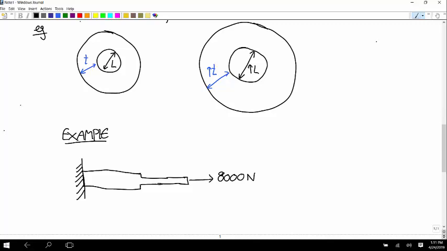And let's say that the cross-sectional area of this, so we're talking about these cross-sectional areas. For the fatter piece, the cross-sectional area is 0.01 meters squared. And for the thinner piece, the cross-sectional area is 0.003 meters squared.